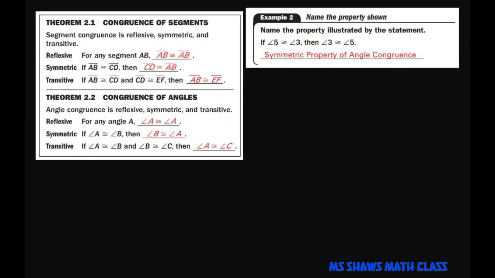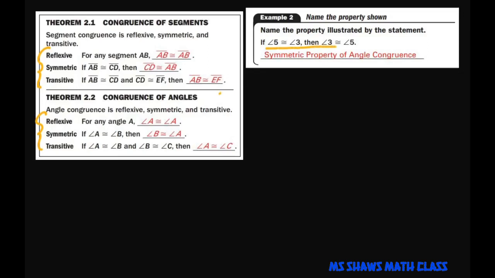Okay, we have two theorems, congruence of segments and congruence of angles. And we have reflexive, symmetric, and transitive. And for angles, it's the same thing, reflexive, symmetric, and transitive. So basically, here we have angles.